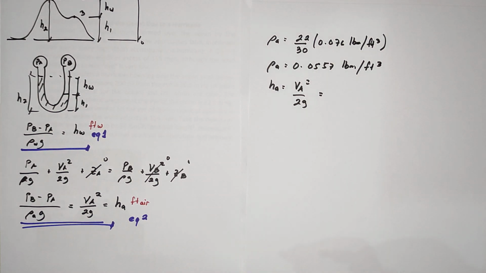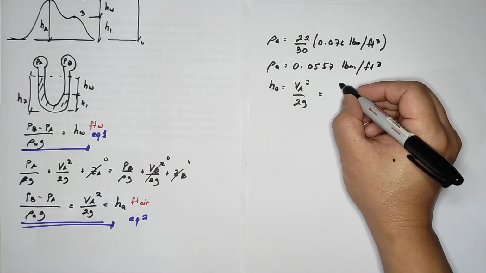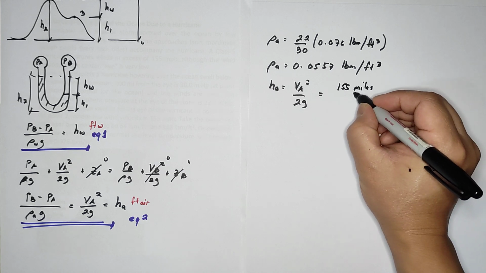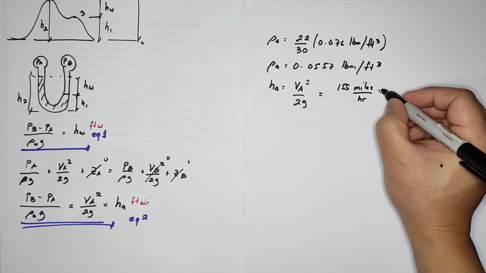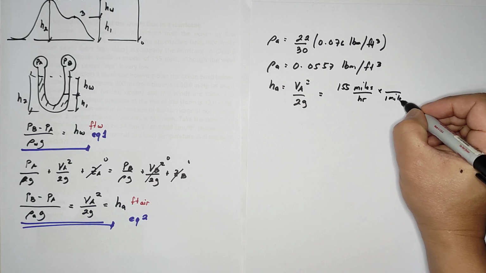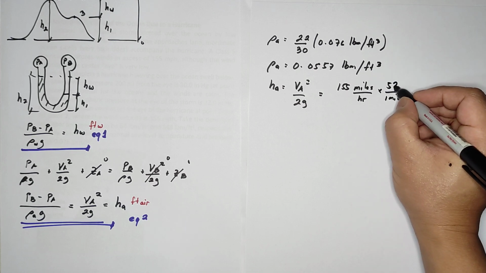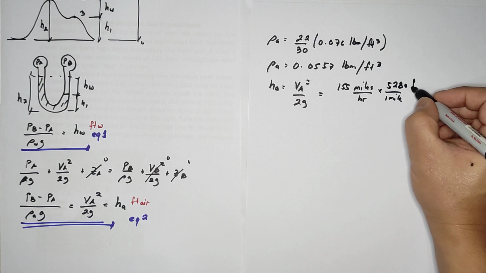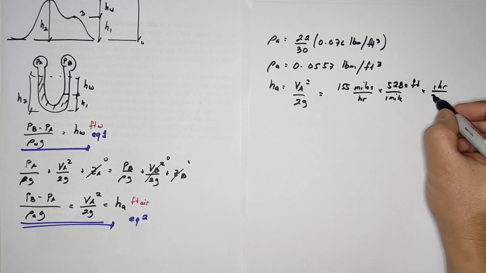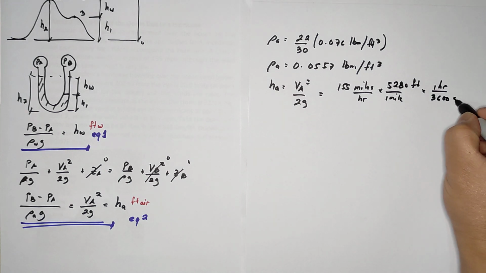Then in 1 mile, you have 5280 feet. Then in 1 hour, you have 3600 seconds.